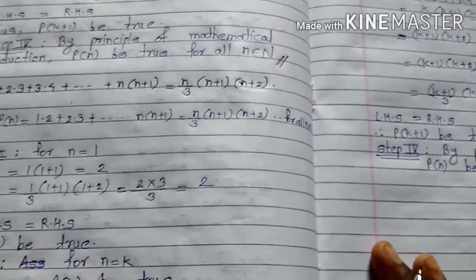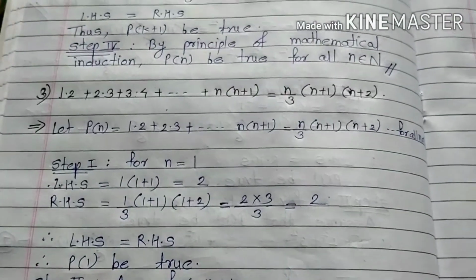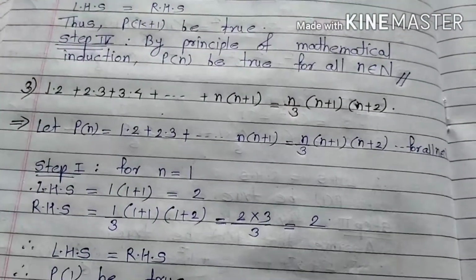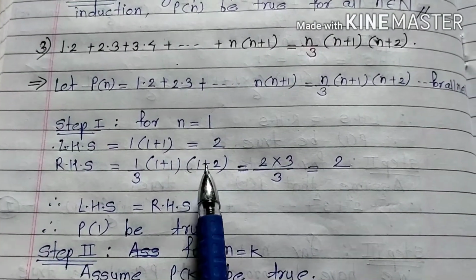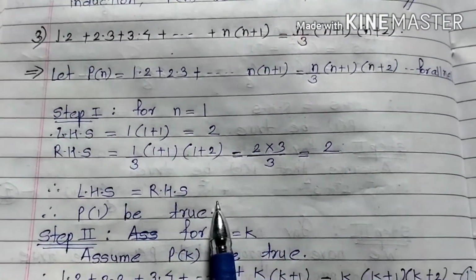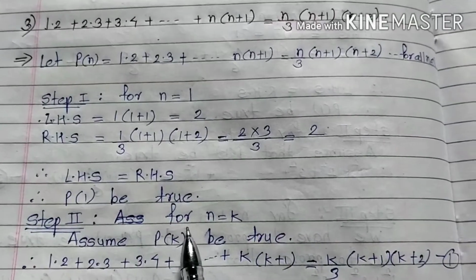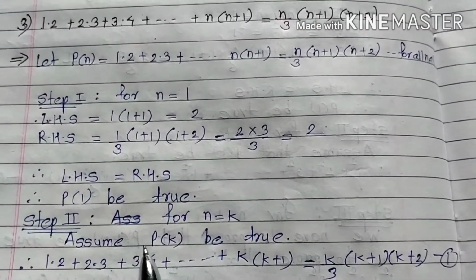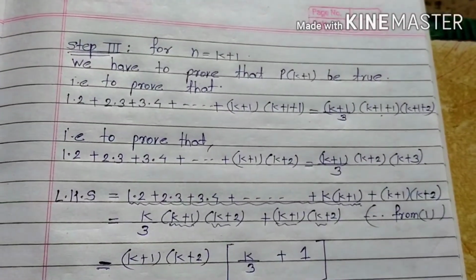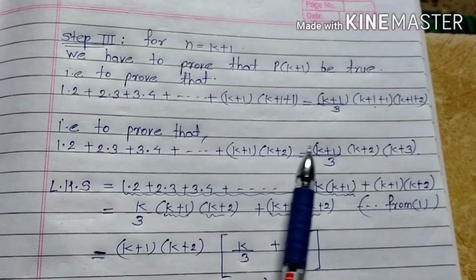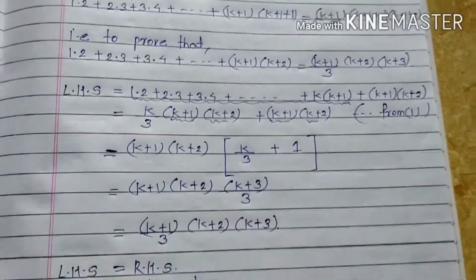So we prove this equation by mathematical induction, and this is true for all natural number. So you can observe that step 1 for n equal to 1, LHS equal to RHS. Then in step 2nd we assume n equal to k and we assume P of k is true. Then in step 3rd for n equal to k plus 1 we prove P of k plus 1 is true.